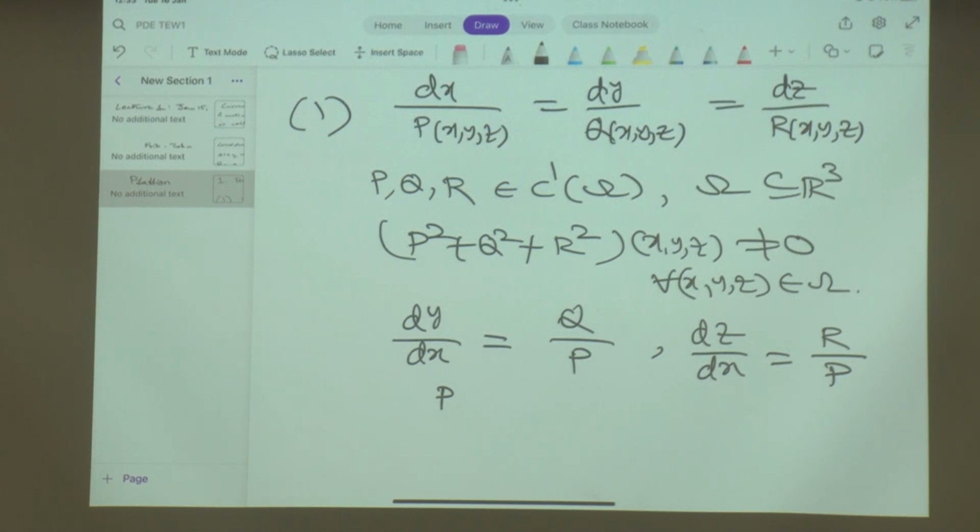And the nature of things that we are going to do is what we normally call local things. Therefore, if p is not 0 at one point, by continuity it will remain non-zero in a small open set containing the point. Therefore, we pretend that is our omega, and therefore p is not 0 on omega. So assume that p of xyz is never 0 for all xyz for these reasons.